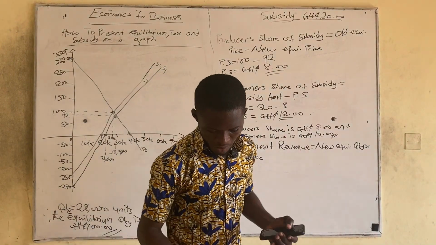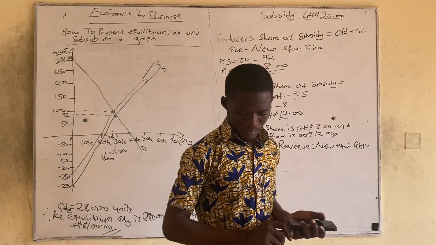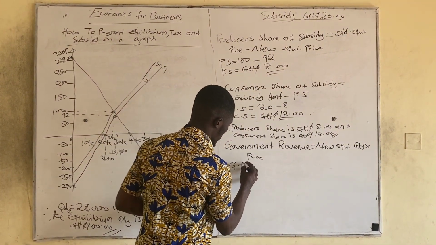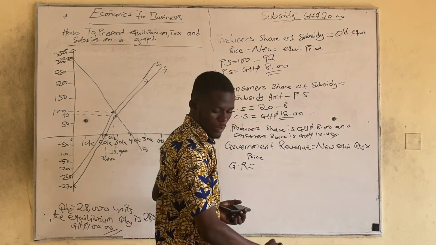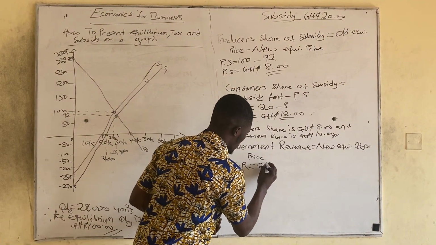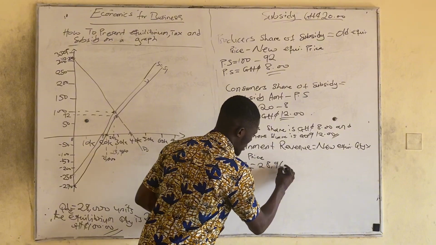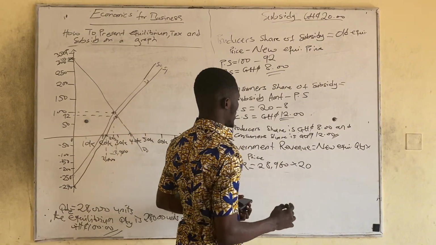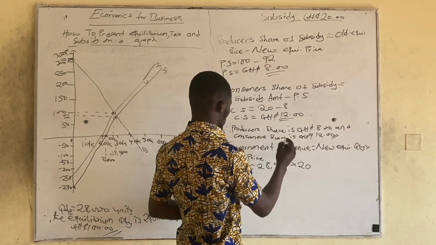So our new equilibrium quantity was 28,960 multiplied by the subsidy amount.